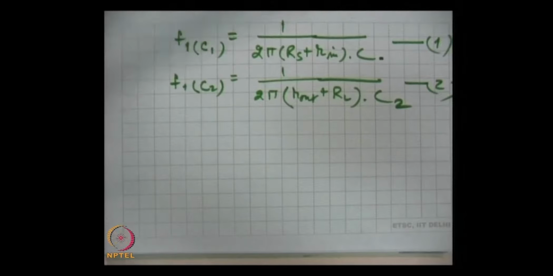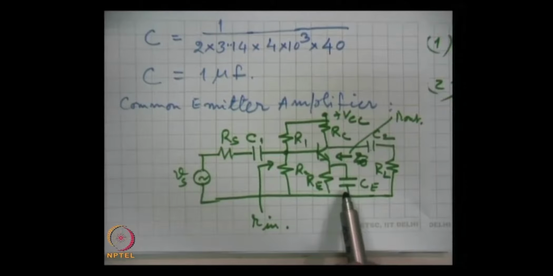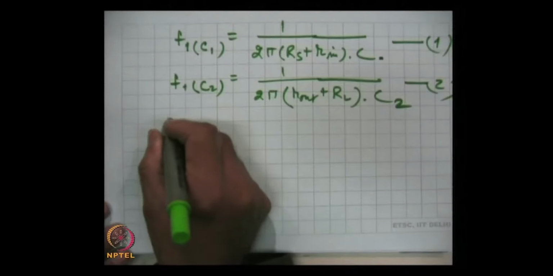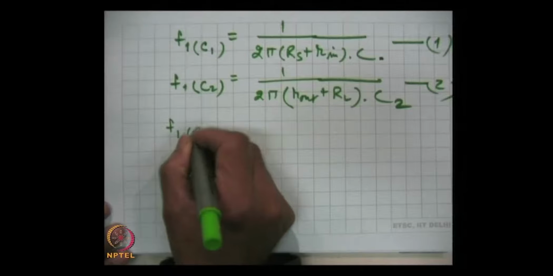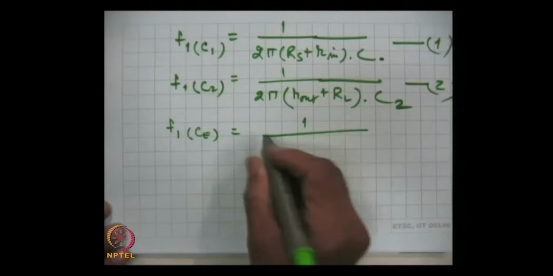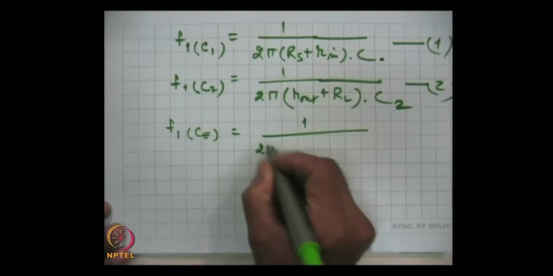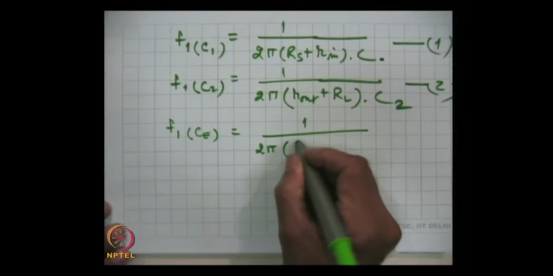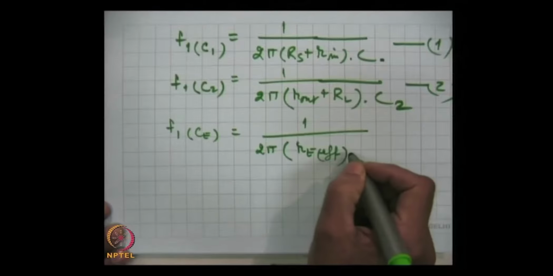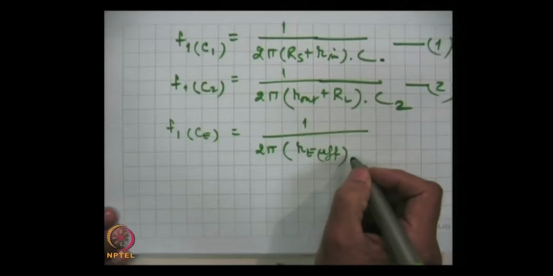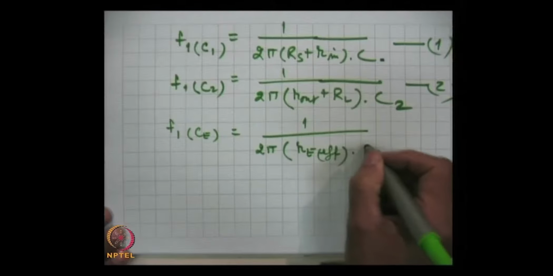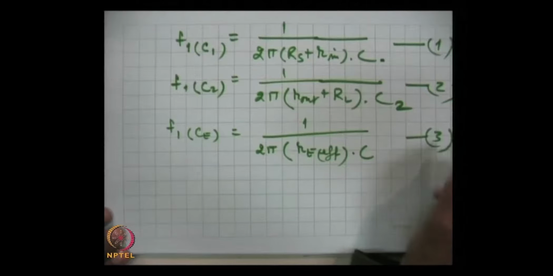Third is because of this bypass capacitor CE, and that expression we can write F1 because of C e, this is equal to 1 by 2 pi R e effective into C. That means, with the emitter lead, what is the effective capacitance. This is the third cutoff.